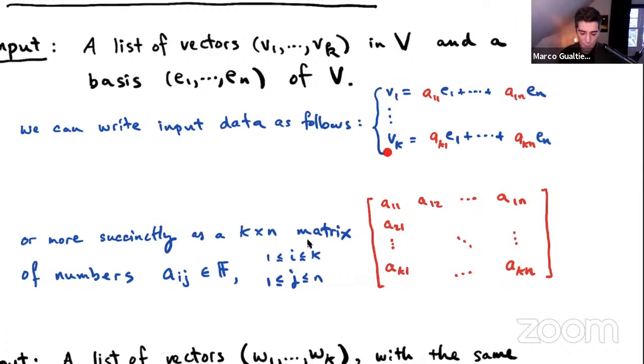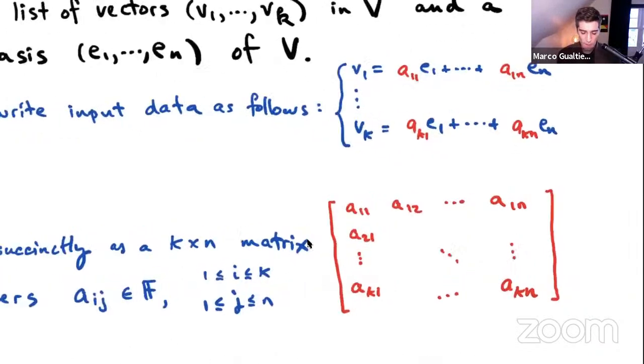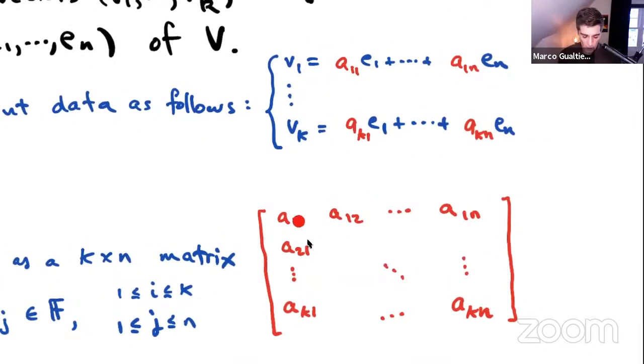So I have k vectors. That means that I will have k collections of n numbers. So I'm going to have a k by n matrix of numbers, a11 all the way up to akn. Now, the convention for labeling the entries of a matrix is exactly the one that I'm drawing here.